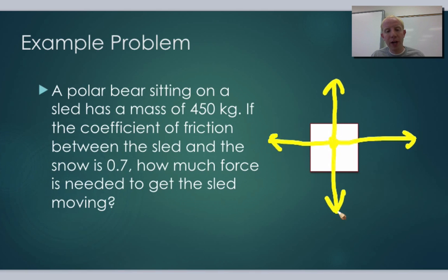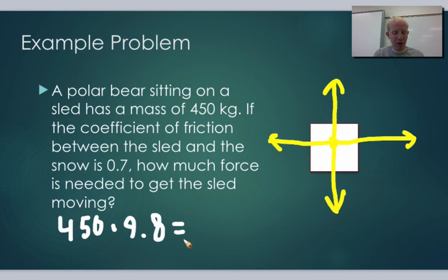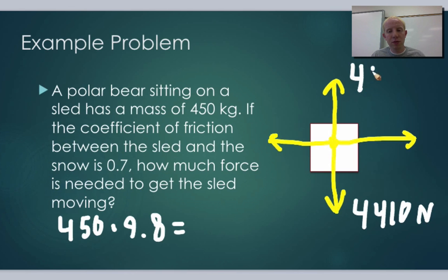So first of all, let's find the weight of the polar bear. We're just going to take 450 times gravitational acceleration, which is 9.8. And that gives us that the total weight of the polar bear is 4,410 newtons. So that's this weight right here. Now, because it doesn't say otherwise, we can safely assume that the normal force is 4,410 newtons.